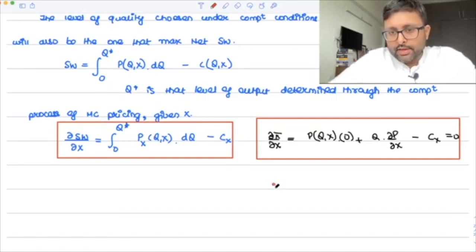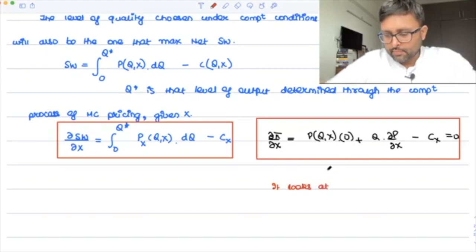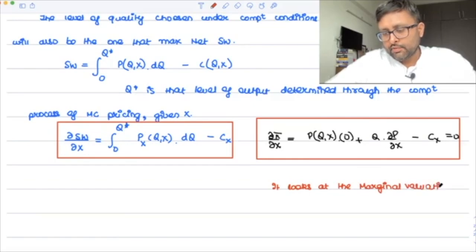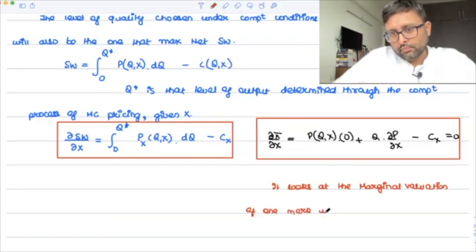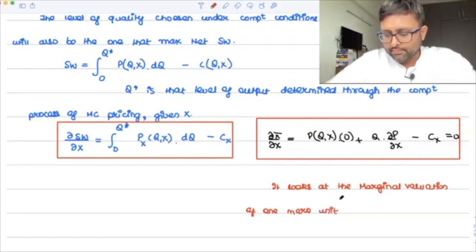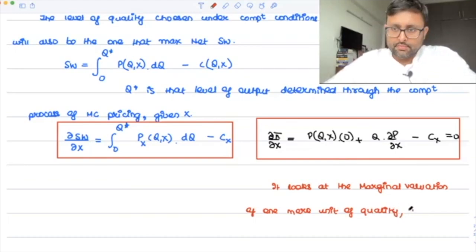So please write, it looks at the marginal valuation of one more unit of quality. The other one is MR equal to MC because of the quality increase, assuming Q is at its profit-maximizing level.